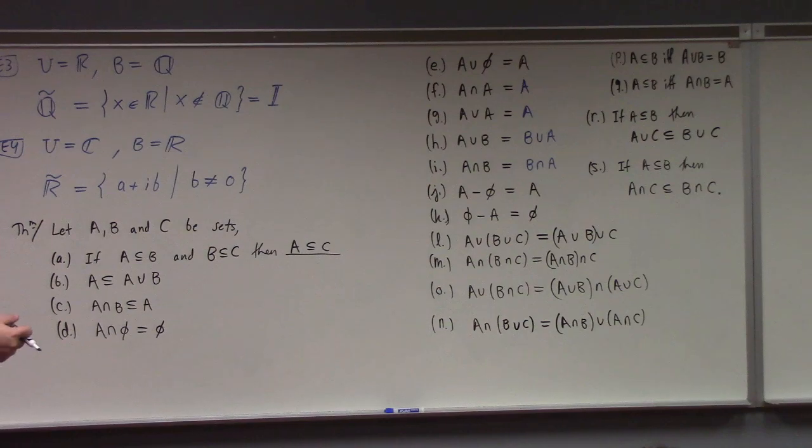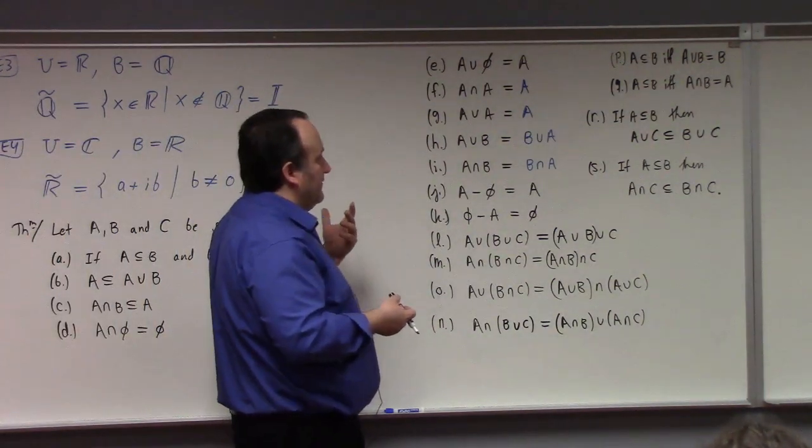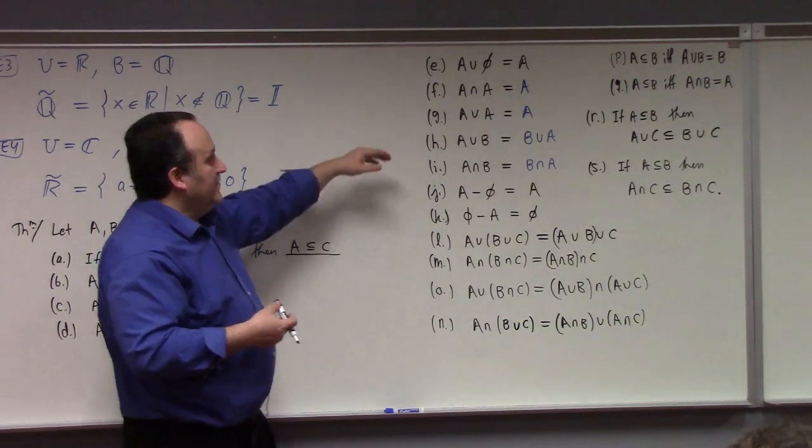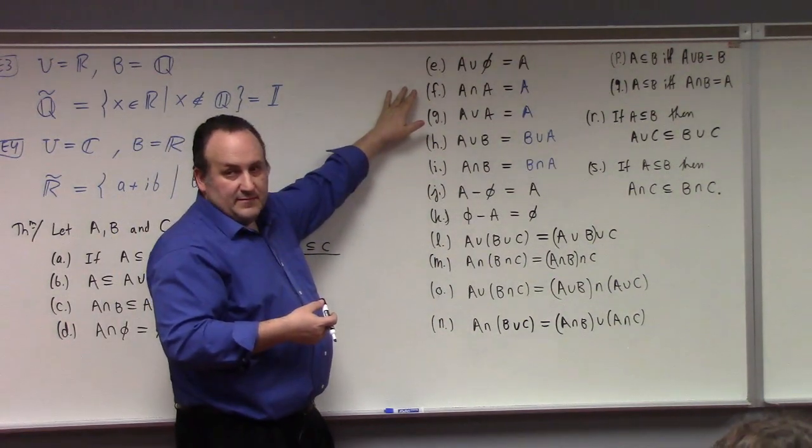A lot of these are just obvious. We practically talked through them as we wrote them. I can talk through the proofs of a few more without writing anything. What's the proof that A intersect A equals A?